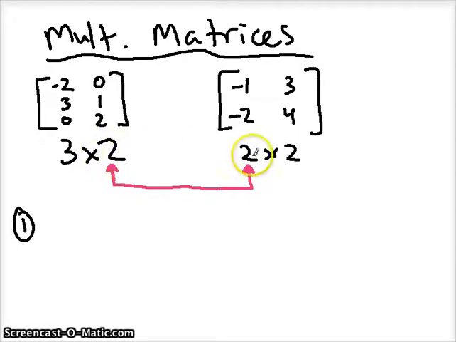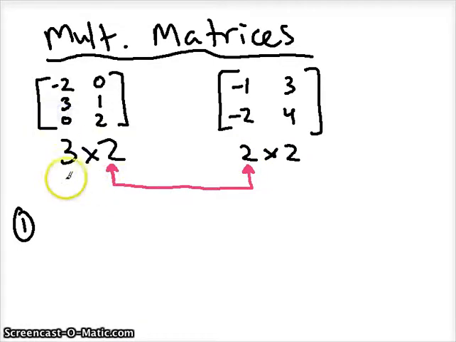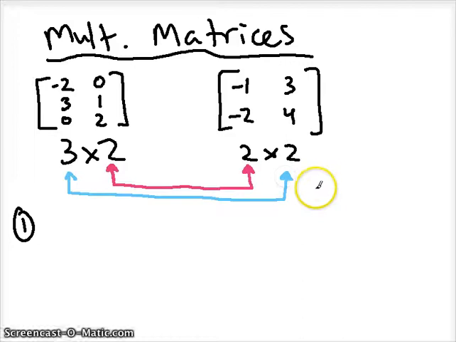So as long as those two numbers match up, we can go ahead and multiply, and the outcome is represented by the other two numbers. So the size of the product, or the outcome of our matrices after we multiply, will be this number. So 3 rows by 2 columns will be the size that we get when we actually are able to multiply these two matrices together.